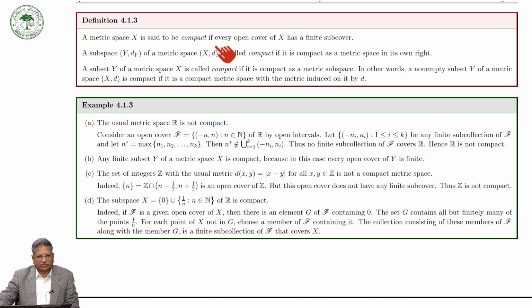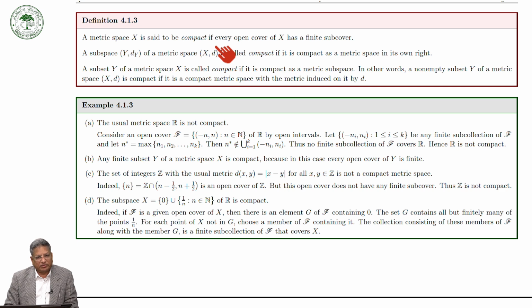So a metric space X is said to be compact if and only if every open cover has a finite subcover. Okay, that's the important thing. Keep in mind, in real analysis we know that a closed and bounded interval is called compact, or a set is compact if it is closed and bounded, but it is not true here.